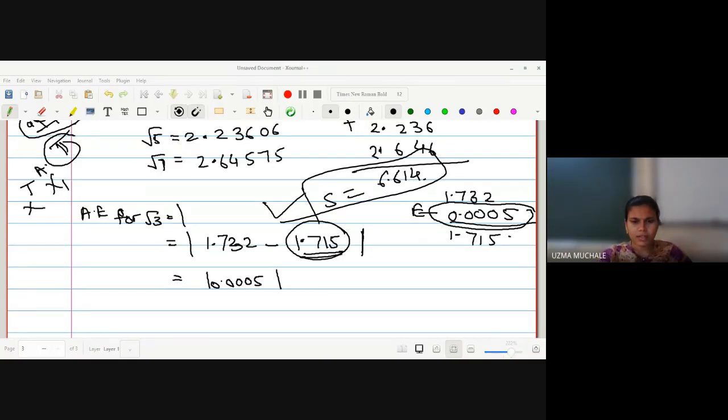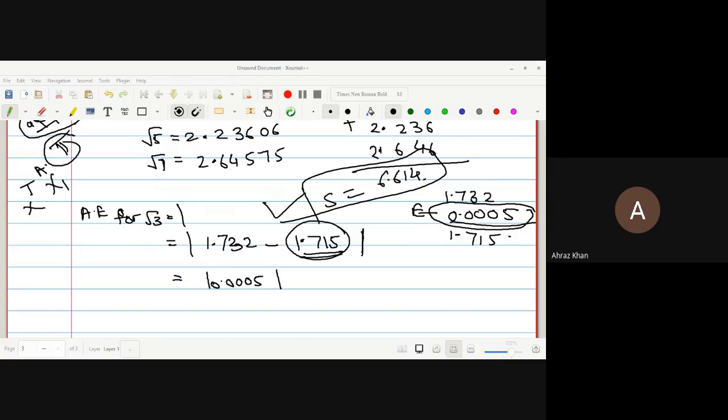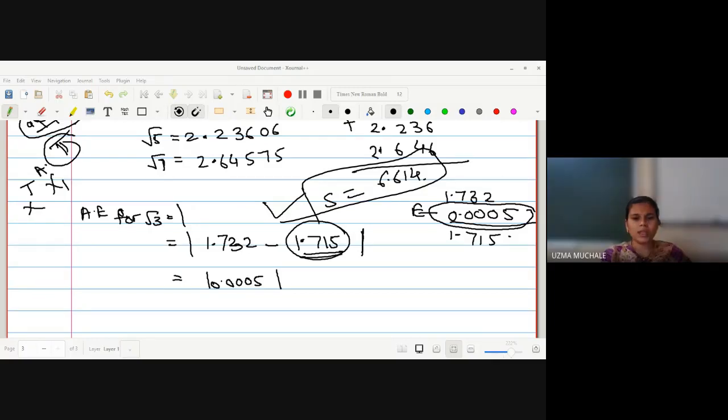Okay, let me take what is the value. Ma'am, it should be 1.7315. Here it should be 3, no? Okay, after subtracting, here you will get 1.7315, and you will get the error as 0.0005.